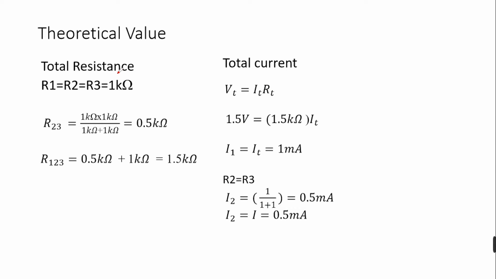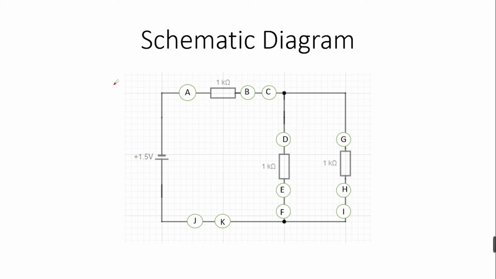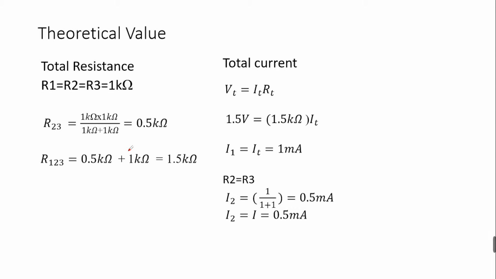As we know, this is a theoretical value. R1 equals R2 equals R3. All of the resistors are 1 kilo ohm. Next, we have to find the total resistance in this circuit.